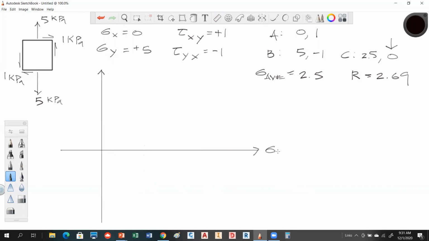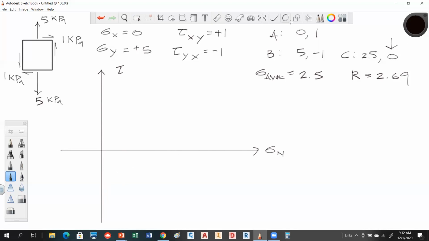This is the normal stress, so all the normal stresses you just scale right off of here. And your shear stresses you scale in the y direction. This is my origin. So above that is positive shear, below it is negative shear. Going this way is positive normal stress, going this way is negative normal stress.